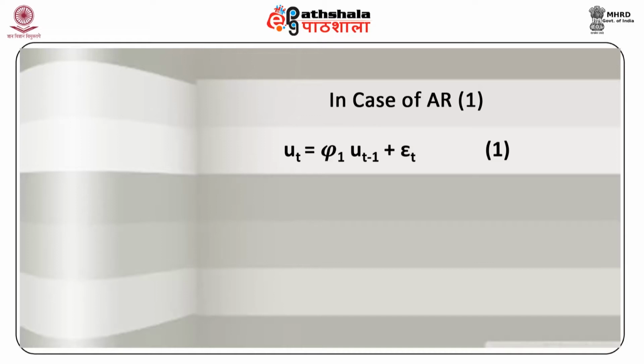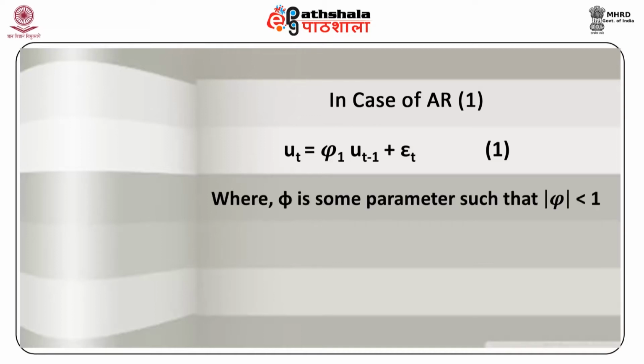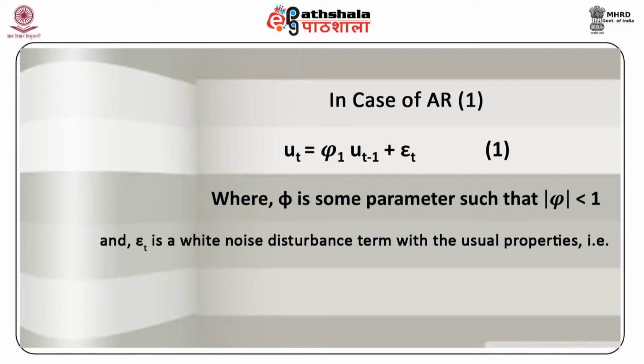This is our equation 1, where phi is some parameter such that modulus phi is less than 1 and epsilon t is white noise disturbance term with the usual properties, that is, epsilon t is distributed normally with mean 0 and variance sigma epsilon square, and covariance between epsilon t and epsilon s is equal to 0 for all t not equal to s.